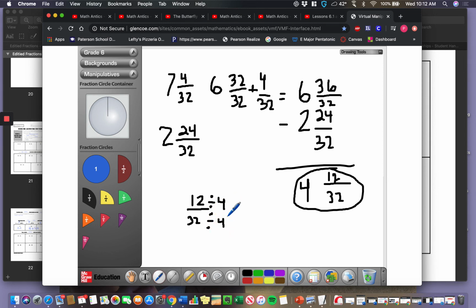which is going to equal 12 divided by 4 is 3. And then 32 divided by 4 is 8. So instead of 12, I'm going to have 3.